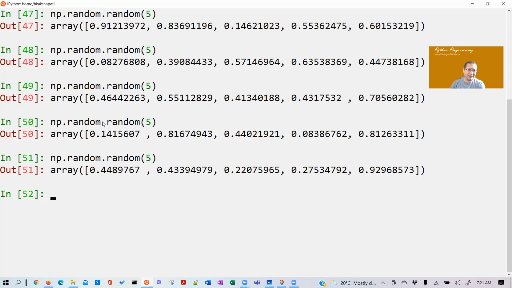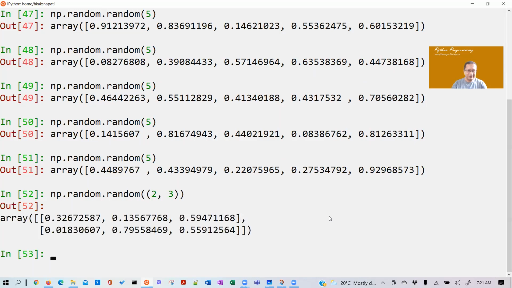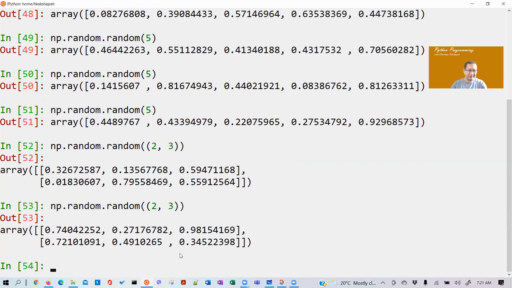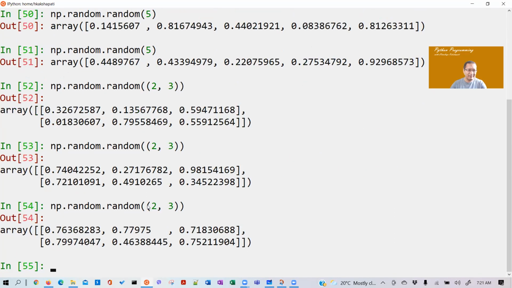Almost every time you get different random numbers, and it's always in the range 0 to 1. We can create higher dimensions as well. Every time I'm going to get a different number. That's why they're random.